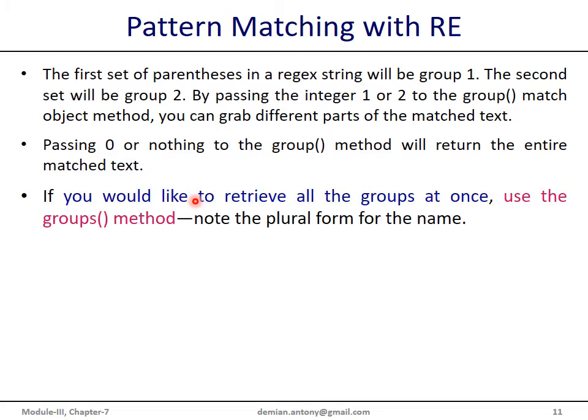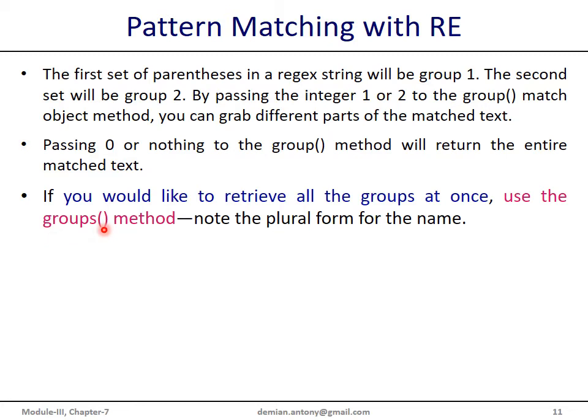And also, if you want to retrieve all the groups, in addition to not specifying the parameter or specifying 0, we have one more method associated with the match object, that is groups.